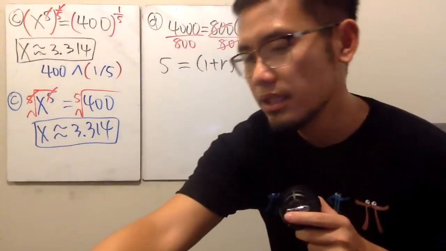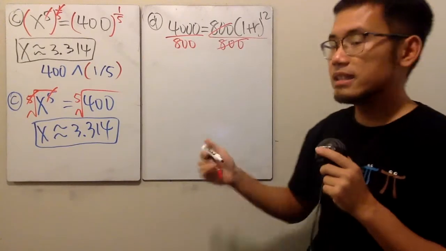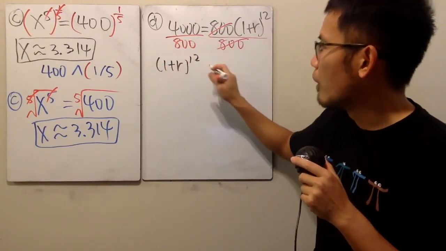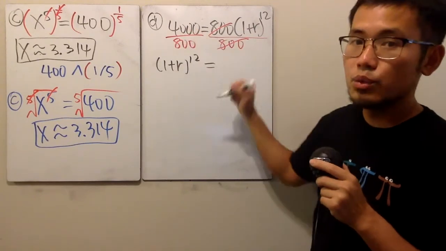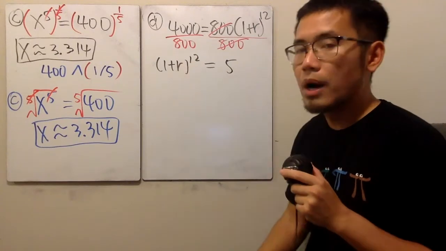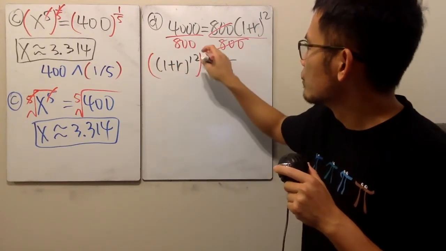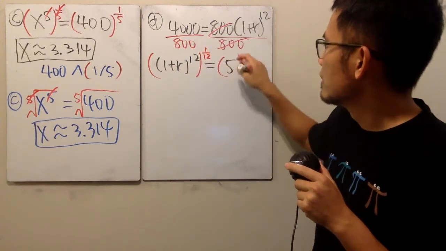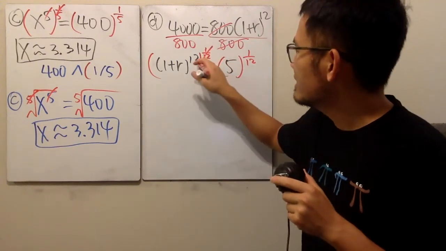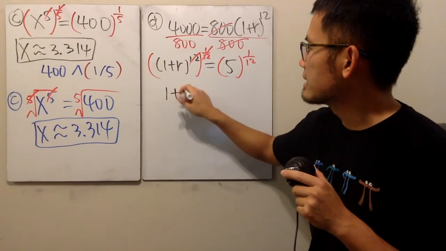And perhaps it's easier for us if we write down the part that has the variable first. So I will write it as 1 plus r raised to the 12th power equals 5. Now, you see we have this to the 12th power. Again, I'll prefer you guys to just raise both sides to the 1 over 12th power. This way, this and that will cancel, and we just get the inside, which is 1 plus r.